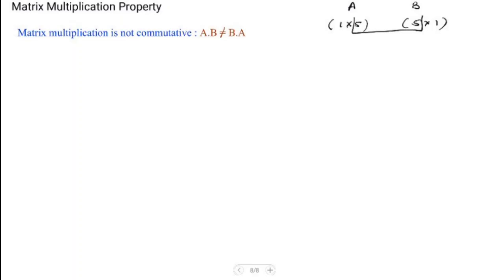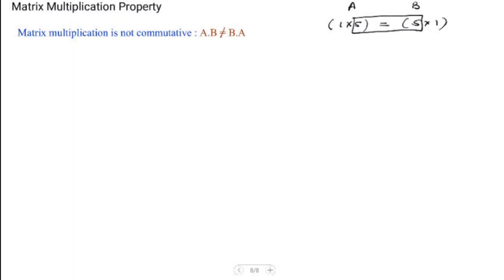Since the last number of the first matrix, that's the number of columns, is equal to the first number of the second matrix, which is the number of rows, we know that this matrix multiplication is possible.